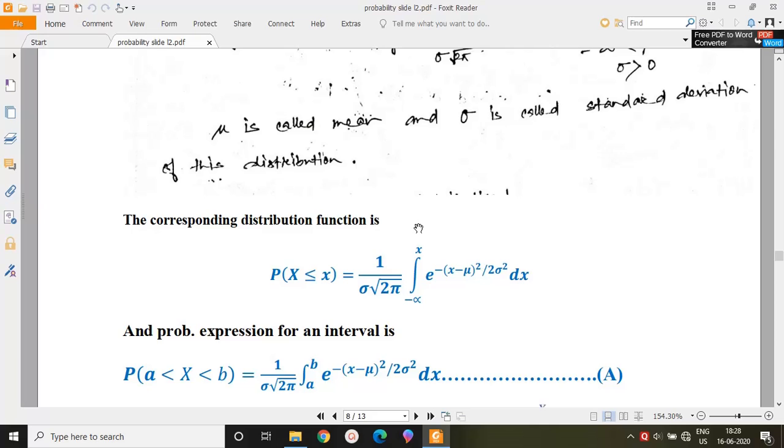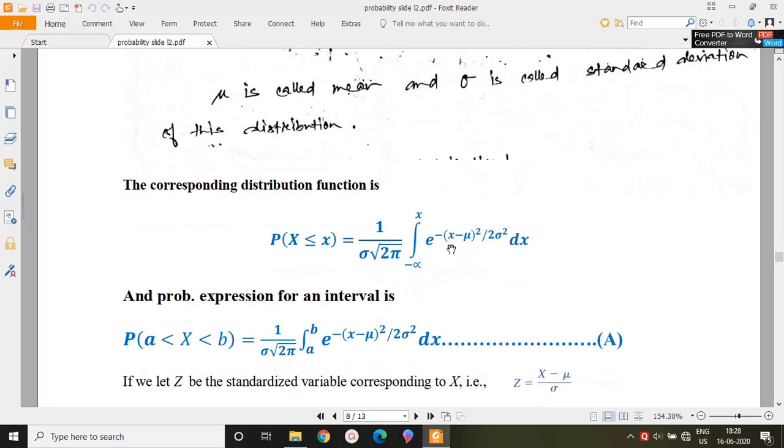How can you write the corresponding distribution function? This distribution function is written using the concept of probability distribution function for a continuous distribution, integration of f of x dx. Here, probability of capital X less than x is 1 by sigma root 2 pi, integral from minus infinity to x, e to the power minus (x minus mu) square by 2 sigma square dx.